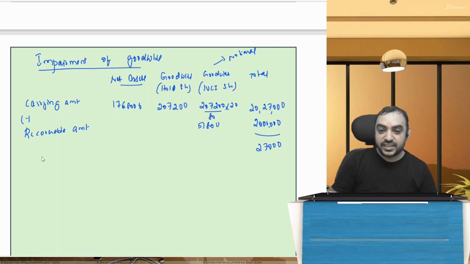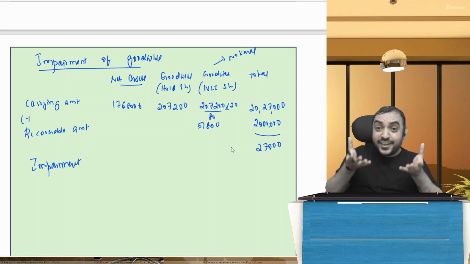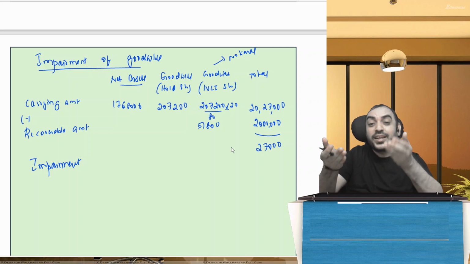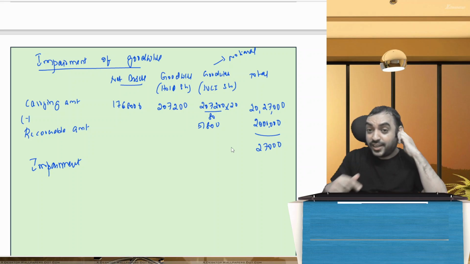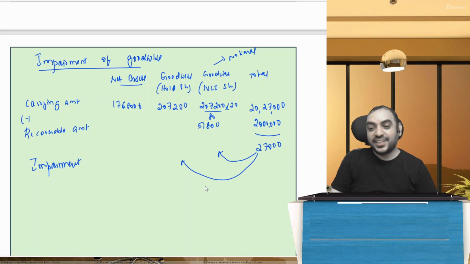Now this 27,000 impairment is first allocated to goodwill. Again, when I created goodwill, I took both the holding company and NCI share. So when I am allocating the impairment, I should distribute it to both. Of the 27,000, 80% goes to the holding company share and 20% goes to the NCI share.